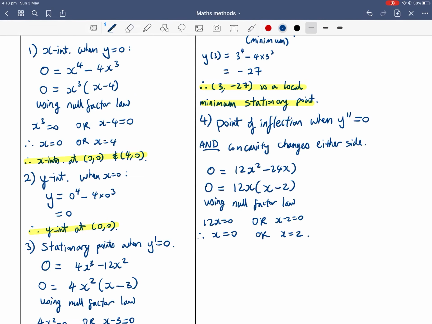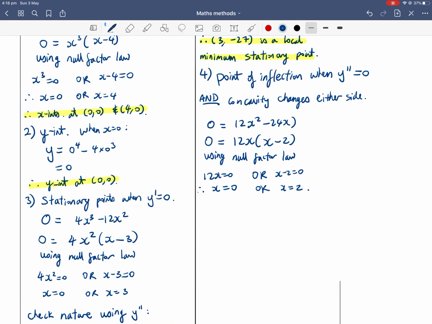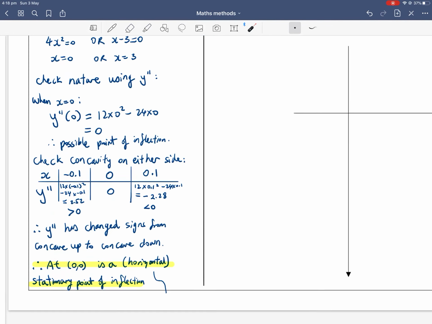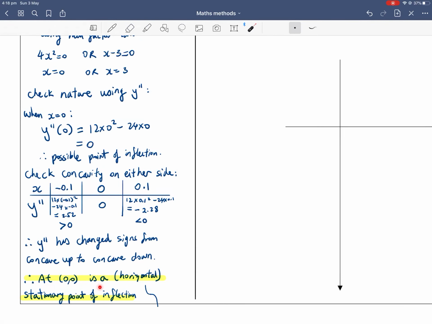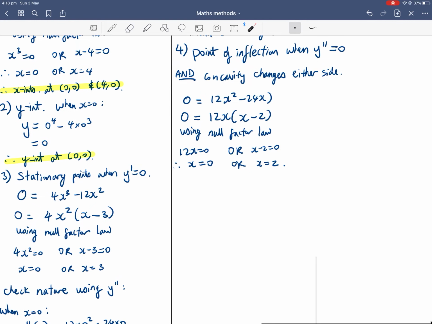So x equals 0 or x equals 2 are our 2 points of inflection. Now we have already considered x equals 0, because all the way down here we worked out that at 0, 0, it's a horizontal or stationary point of inflection. All good, we know that. So all we need to consider is when x equals 2.